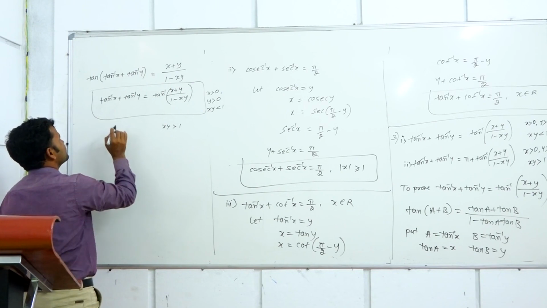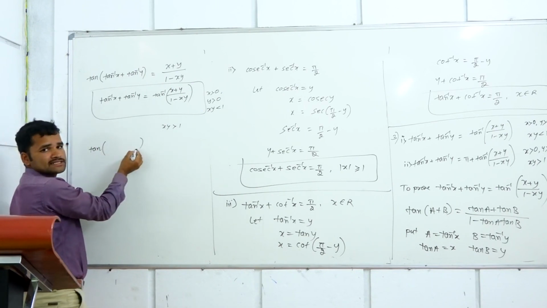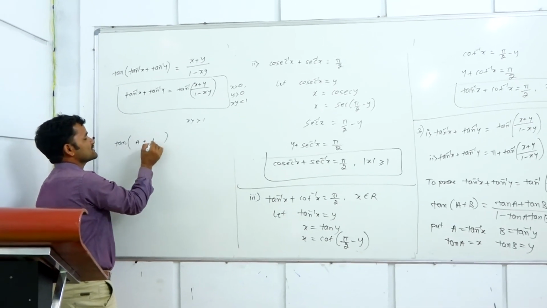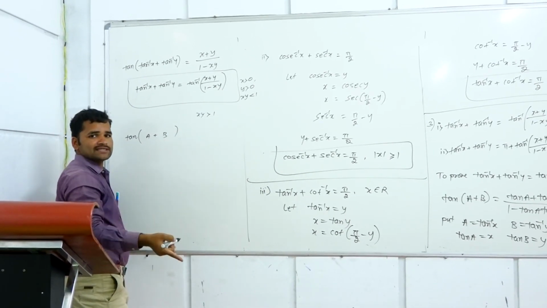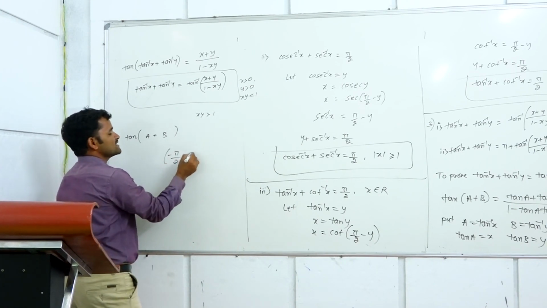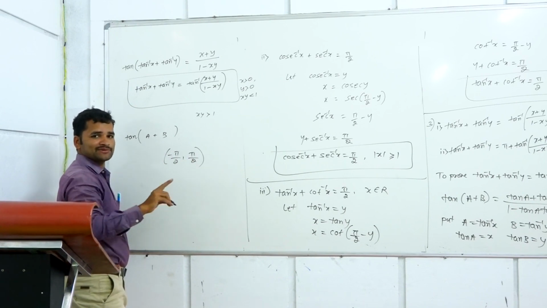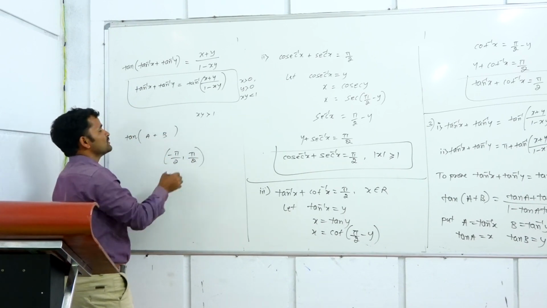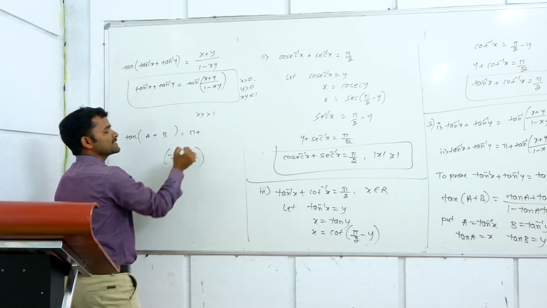As it becomes a negative value, these two are acute angles. Tan inverse of x equal to A and tan inverse of y is B, acute angles, sum of acute angles. It may go above 90 also. Above 90, tan inverse is defined for the range minus pi by 2 to plus pi by 2. If it is going above 90, that we should not consider. To articulate that, we add pi here.